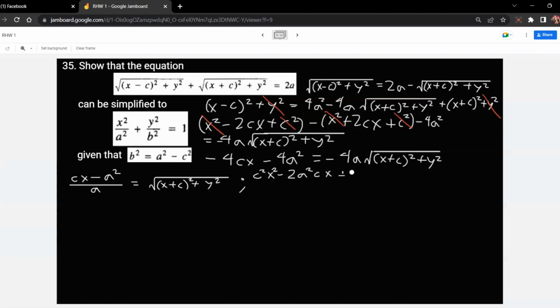Ito yung mga bakit cx? Bakit cx minus a? Bakit cx minus a squared? Di ba that's plus? Nalaglag po ulit. So a squared plus cx over a, square root of (x plus c) squared plus y squared.